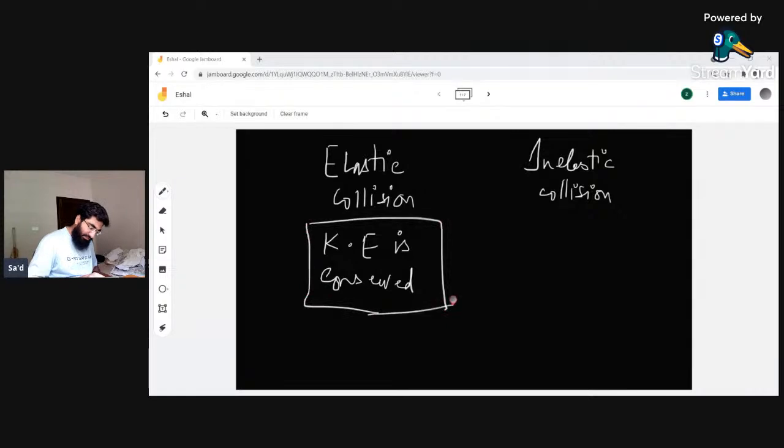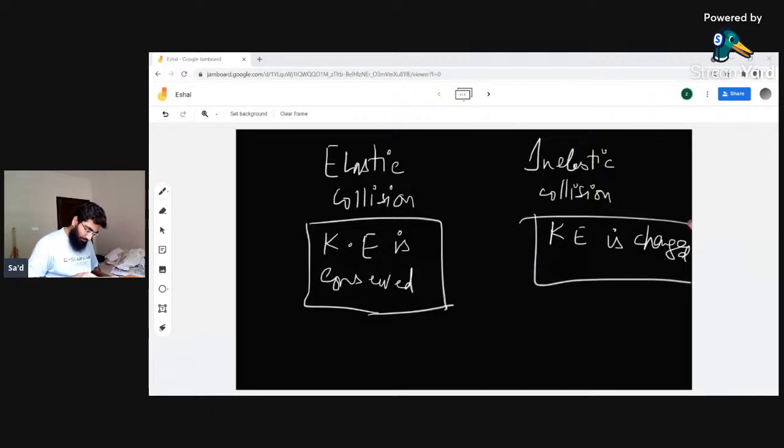And if KE is changed before and after the collision, KE is changed for both. This is the total KE of the system, before and after the collision.